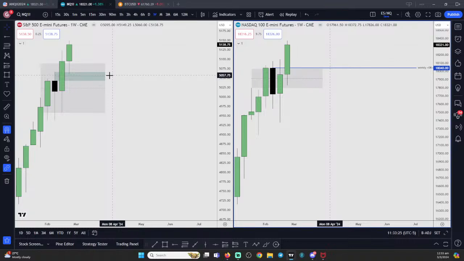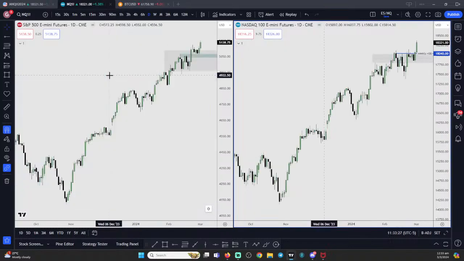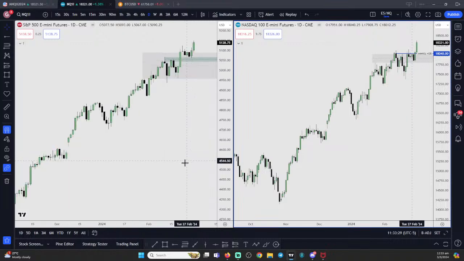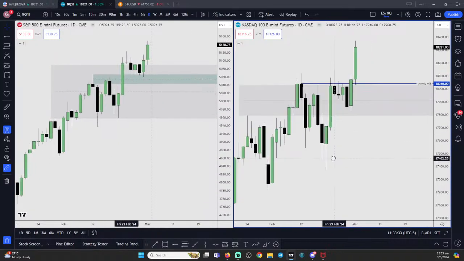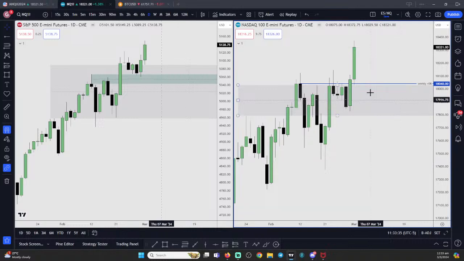Okay, heading down into the lower time frames, the daily time frame. Right, what do we have? We have this small little fair value gap for NQ, and for this right here we have this swing low.